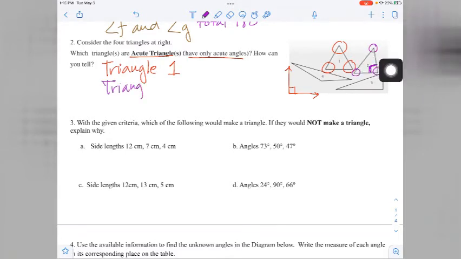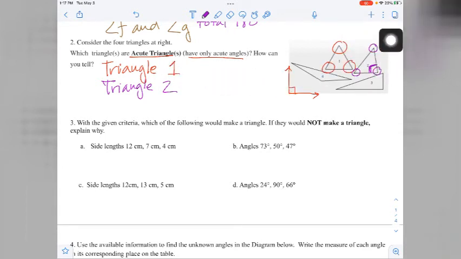So technically the answer should be triangle 2 is also an acute triangle. But if you argued that that point there was a 90-degree angle, I think that's a valid argument. I think that's just how you perceive the angles. And so if you said that was a 90-degree angle, and so this one didn't count, I counted this one correct for you.